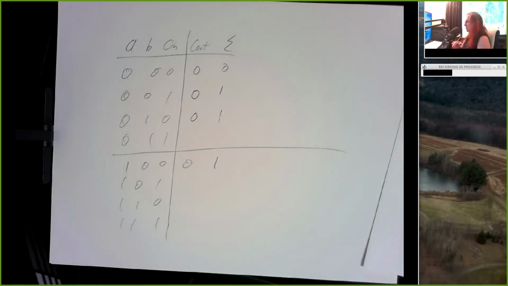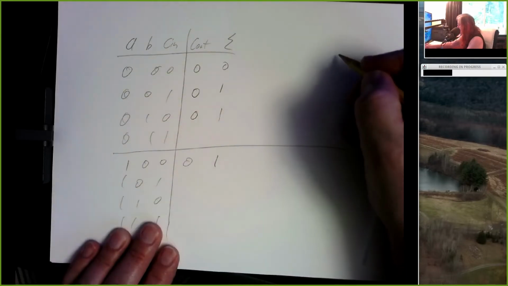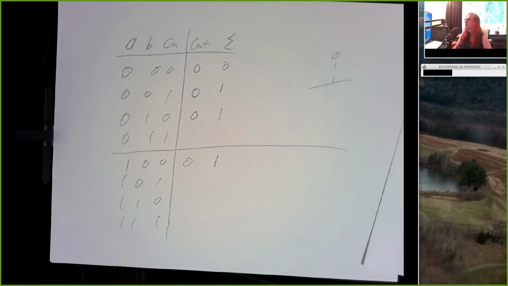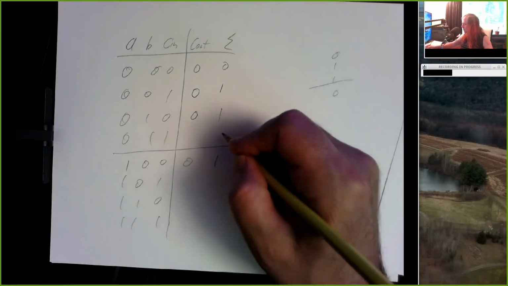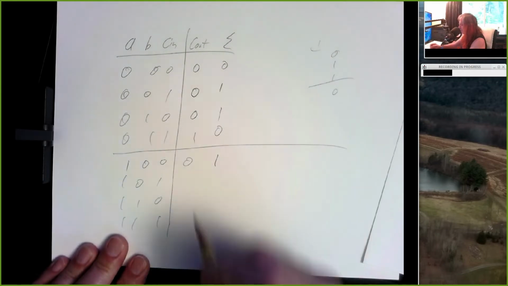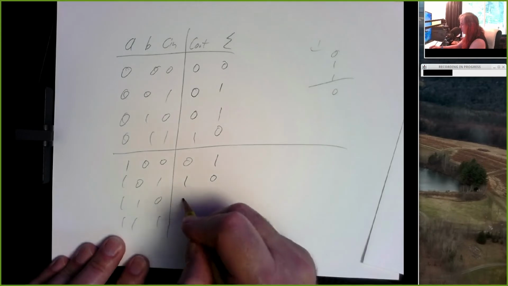Alright, here's where it gets more interesting. 0 plus 1 plus 1. What should the sum be that's generated from that? Yep, so that's a sum of 0. And what's the carry here? Carry of 1. So if I add 2 1s, I get a carry of 1 and a sum of 0.